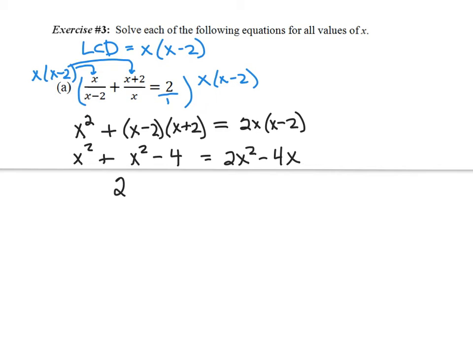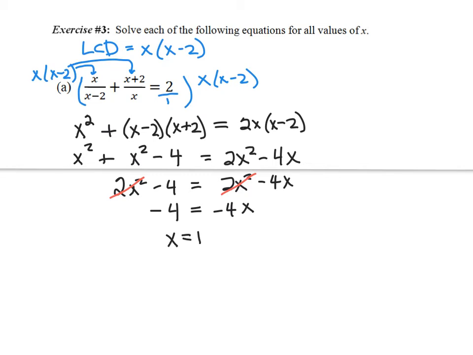So clearly on the left side we have 2x squared minus 4, but on the right side we have 2x squared minus 4x. So when we subtract 2x squared from both sides of the equation, it's not quadratic anymore. I have a nice easy linear equation, so negative 4 is equal to negative 4x. Dividing both sides by negative 4, x is equal to 1.